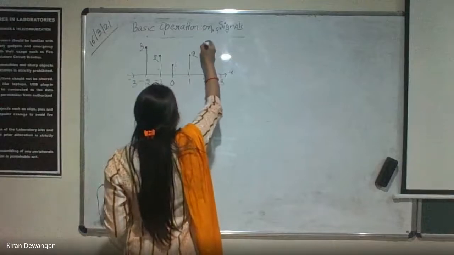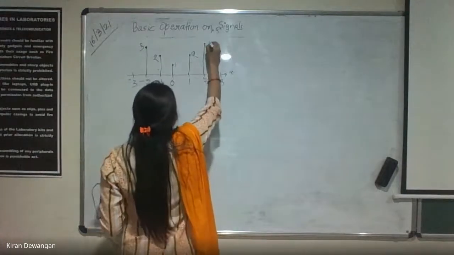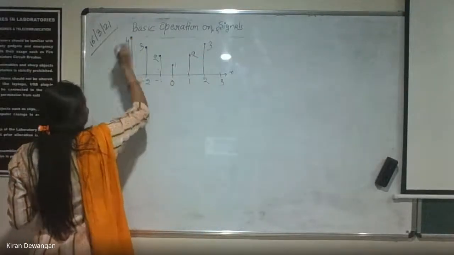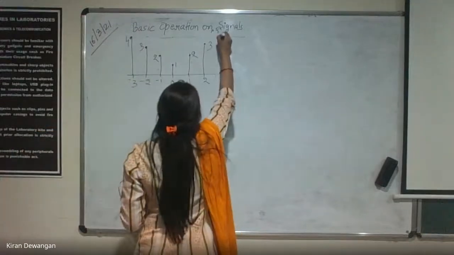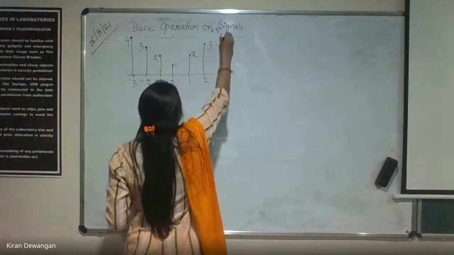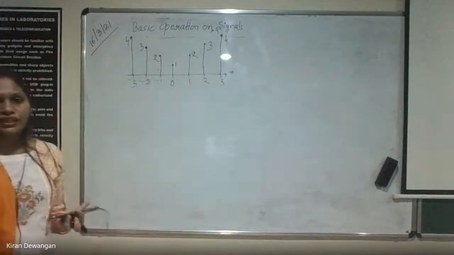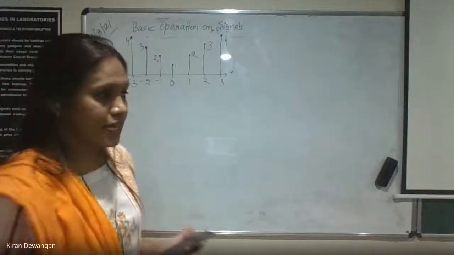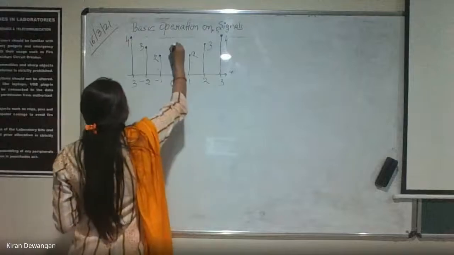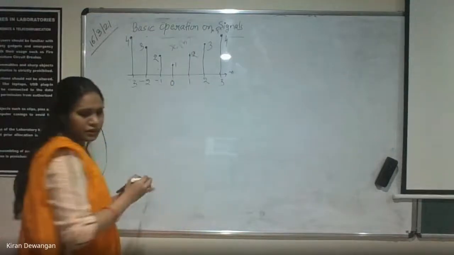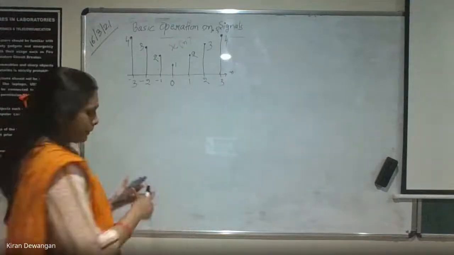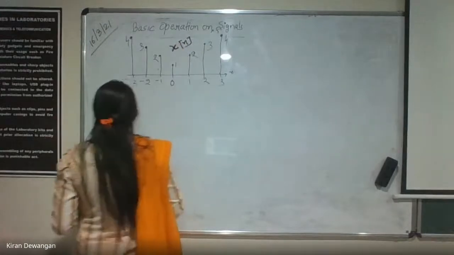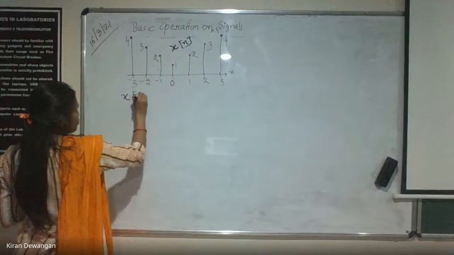At 2 again the value is 3. At -3 the value is 4. At 3 the value is again 4. So this is how the signal is. This is x of n.